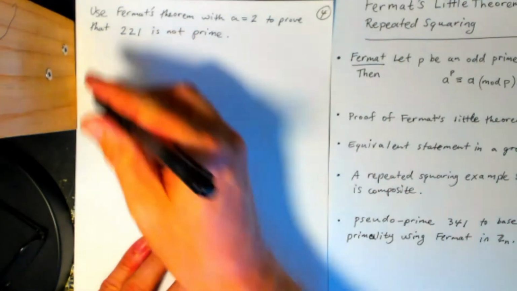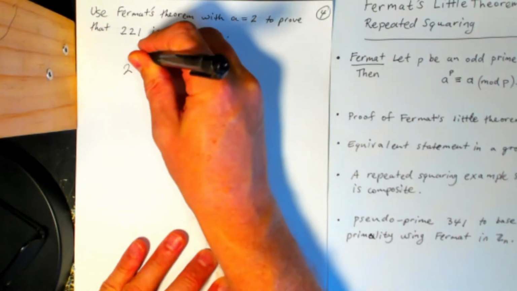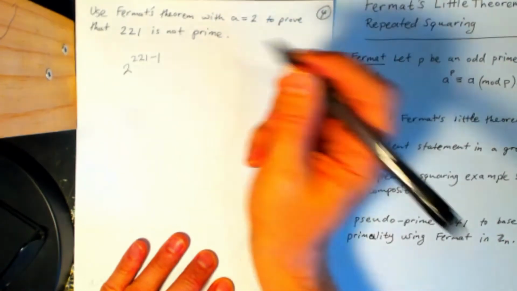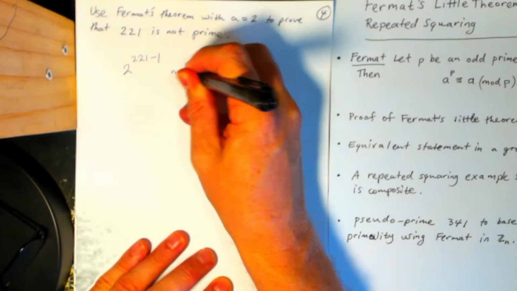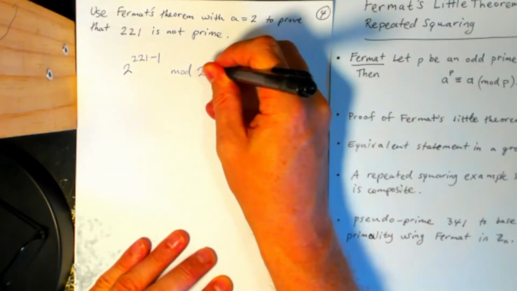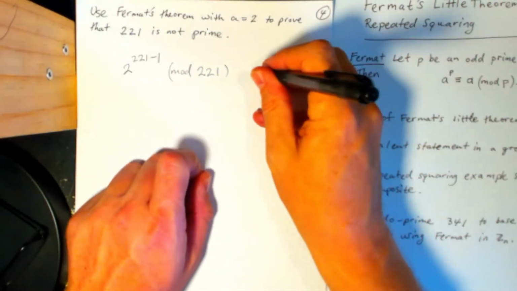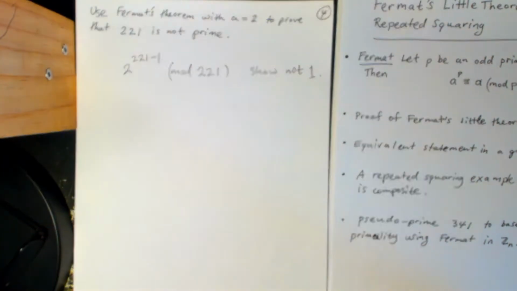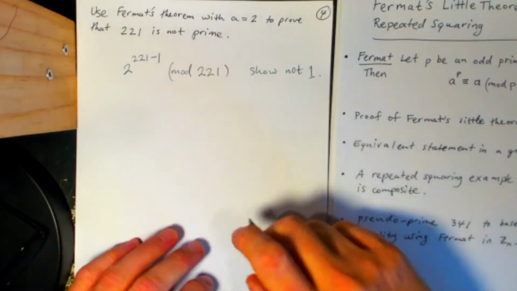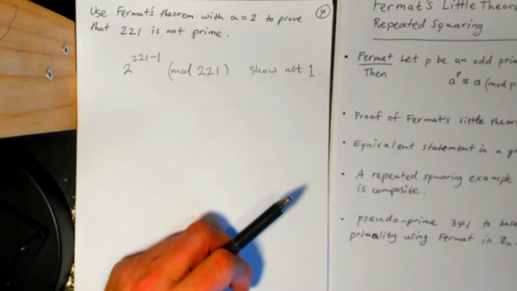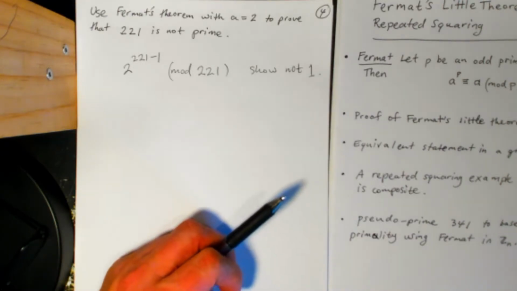What I want to do is set out 2 to the power of 221 minus 1 mod 221. We want to work out what this is and show that this is not congruent to 1. Because if we can show that, then we can show that 221 is not prime.